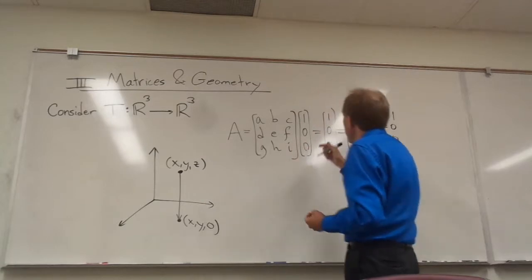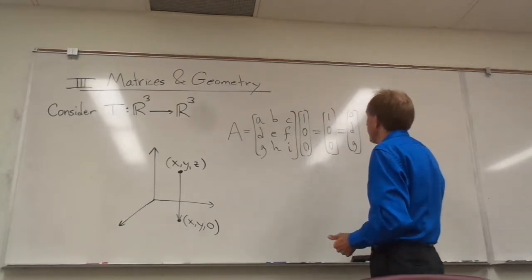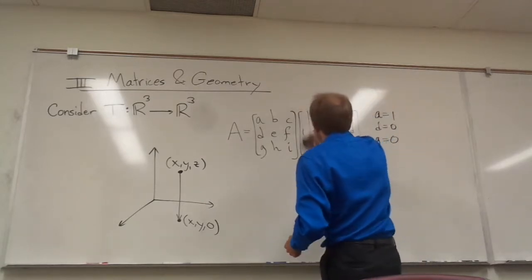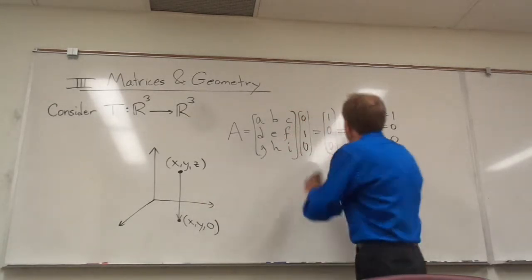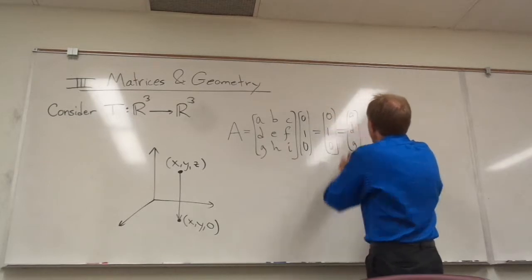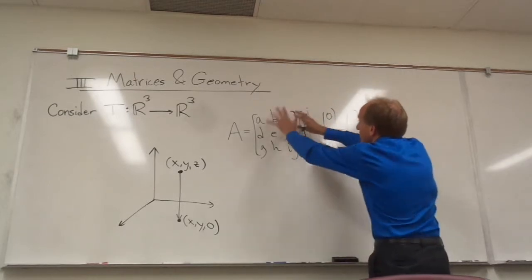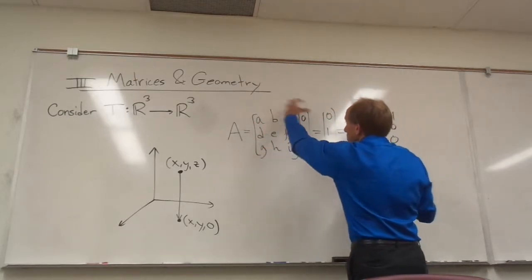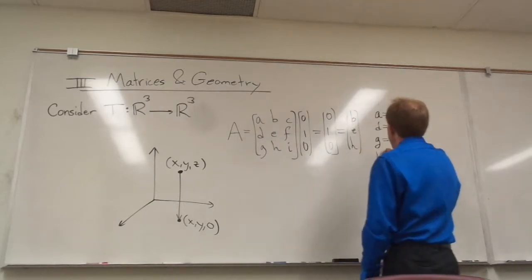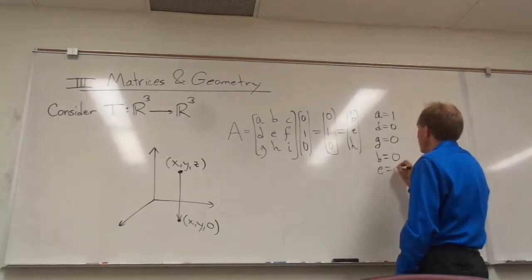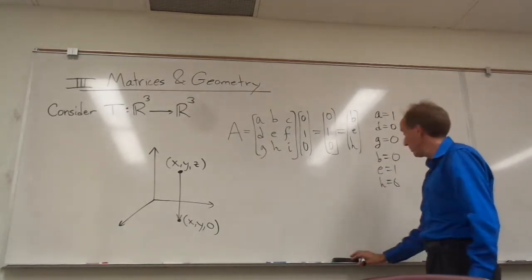If you try this out with 0, 1, 0, 0, 1, 0 should get projected to 0, 1, 0. And if you calculate the product of this matrix multiplication, you would get B, E, and H. So B is 0, E is 1, and H is 0.